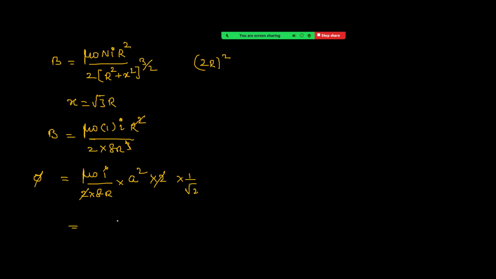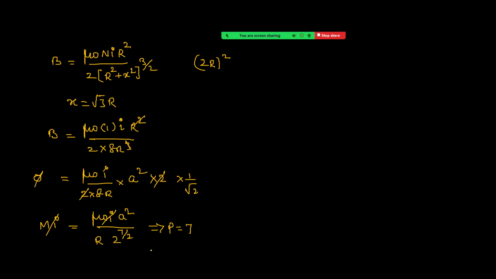So this equals μ0 I a² upon r, taking 2³ and 2^(1/2), which becomes 2^(7/2). That implies the value of p is 7, because φ = M I, and I cancels.